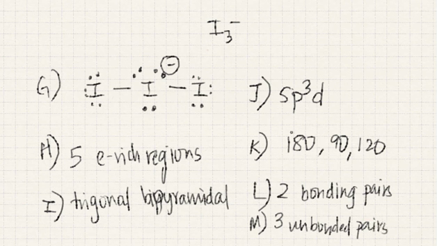So let's figure out what the molecular geometry is going to be. In shorthand, it's going to be AB, so for the bonded pairs we have 2, and for the unbonded pairs we have 3. So AB2U3.